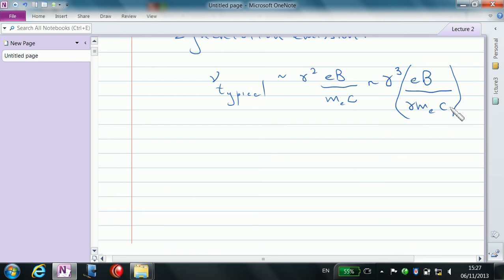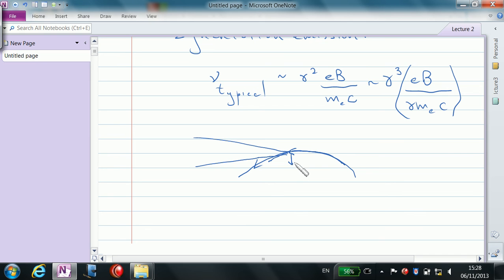And basically, when the electron is gyrating, it's always accelerating.